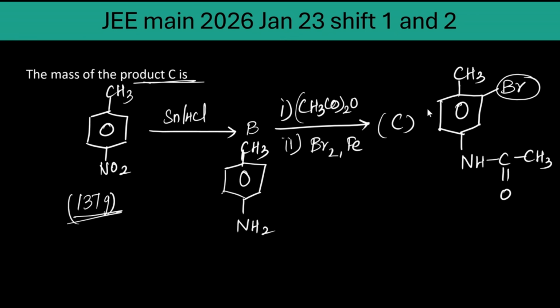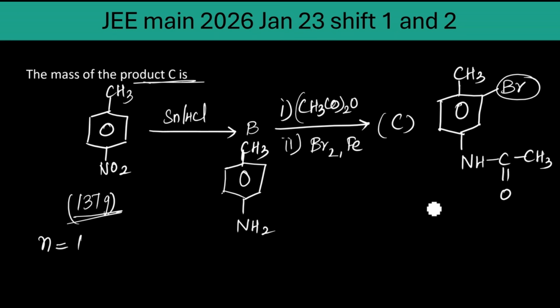Let's start with the 4-nitrotoluene. That is 137. What is the molecular weight? That is also 137 if you count it. So the number of moles of nitrotoluene is 1 mole.